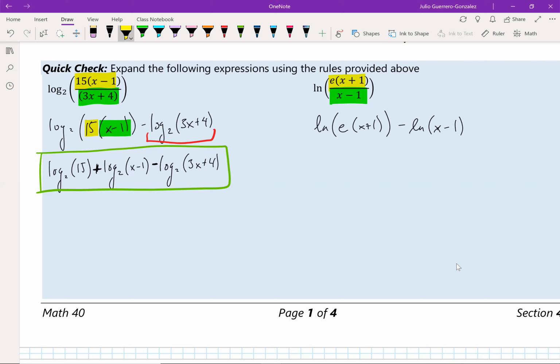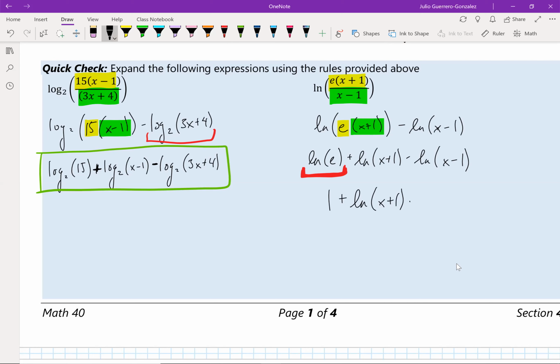And now in that first one, we have another breakup, right? ln of e plus ln of x plus 1 minus ln of x minus 1. Yep. I made it harder on myself than I had to. That's okay. I'm ready for the next part. What's ln of e equal to? Was that 1? That is 1.